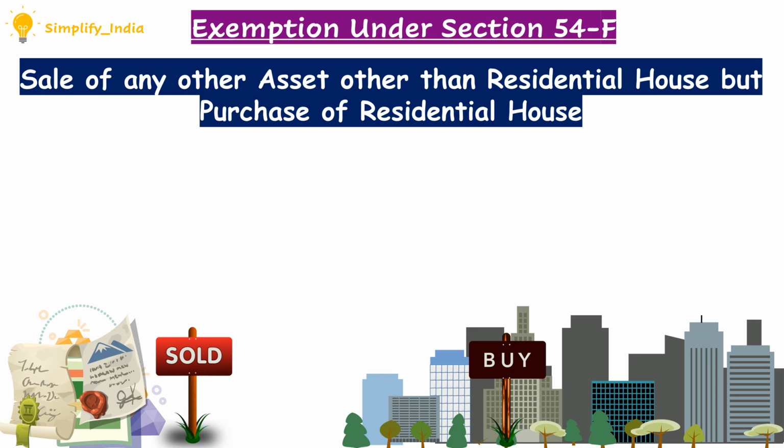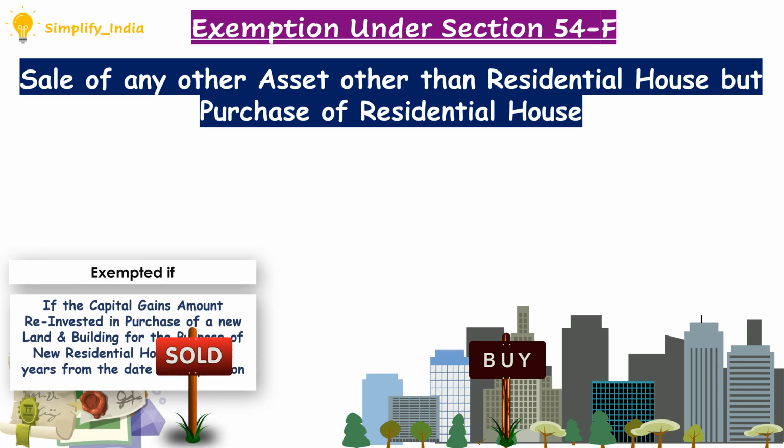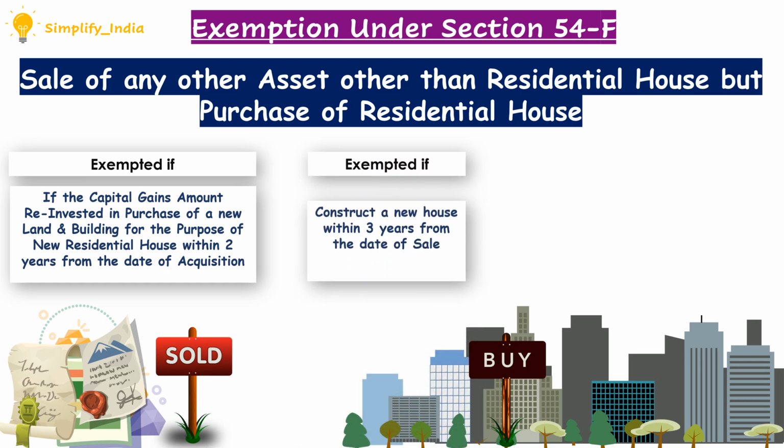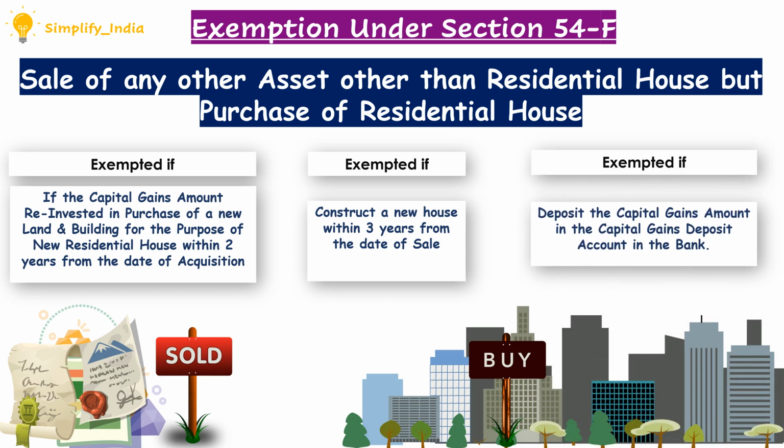Any long-term capital asset held by an assessee is sold and the capital gains arising out of it can be claimed as an exemption if the capital gain amount is reinvested in the purchase of a new house either 1 year before the date of sale or within 2 years from the date of sale, or construction of a house within 3 years from the date of sale, or deposited into capital gains deposit account.